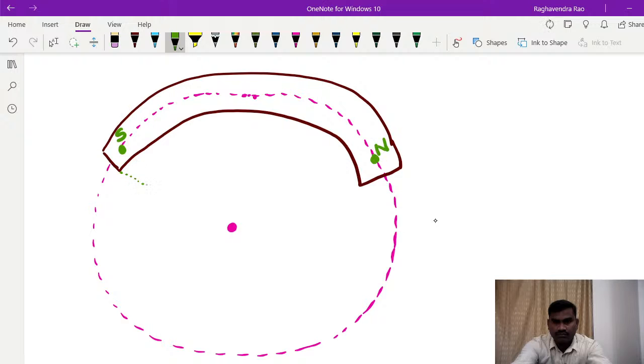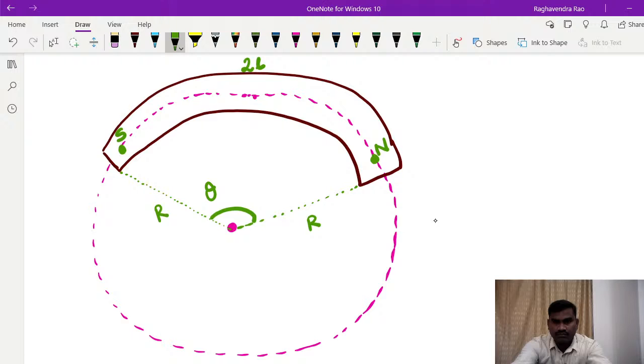Now this bar magnet makes some angle theta at the center of the circle. This is radius r and this is also radius r. This arc length is nothing but 2L, the length of the magnetic dipole.